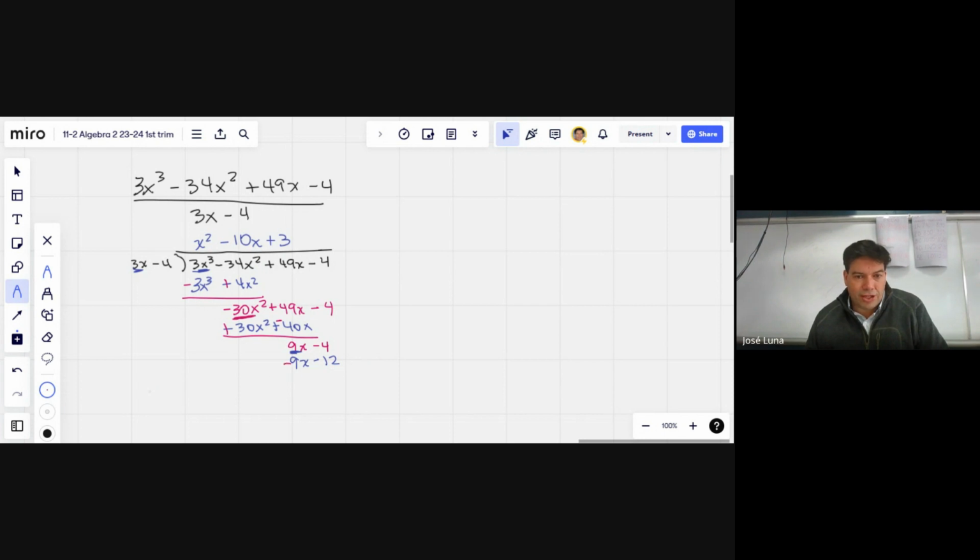And you know we're going to change the signs and add. This cancels. Negative 4 plus 12 is 8. 8 is the remainder. I'm going to write the remainder as part of the answer. So I'm going to put plus 8 over 3x minus 4. And that's it.